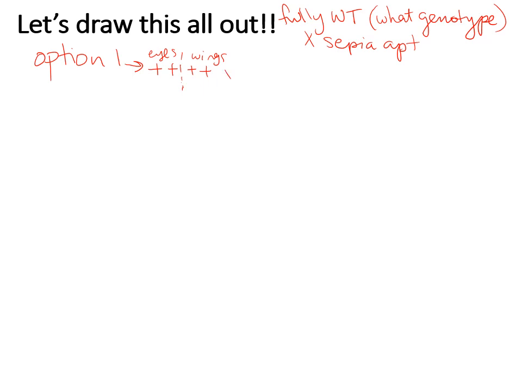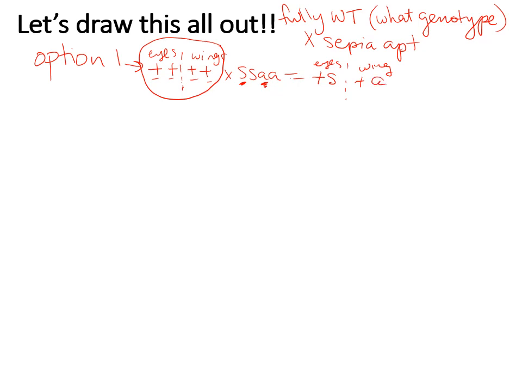Now you're crossing it with the sepia apterous fly, and if that is what your wild type fly is, then what do you notice? For every trait, no matter what, this first fly is going to give a wild type allele. So for eyes and for wings, that unknown fly will give a wild type allele. The other fly for eyes will give sepia, and for wings will give apterous.